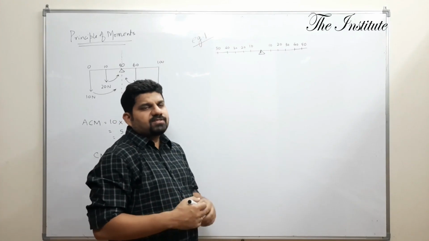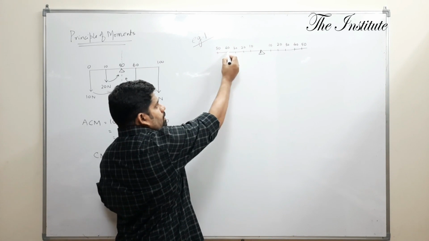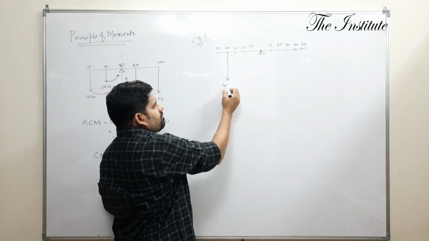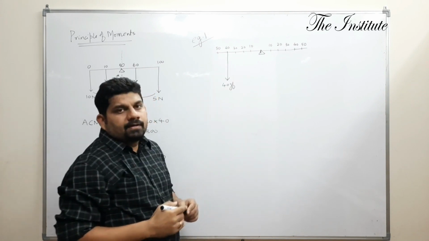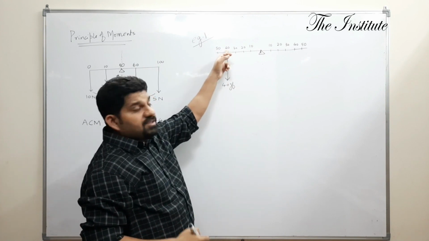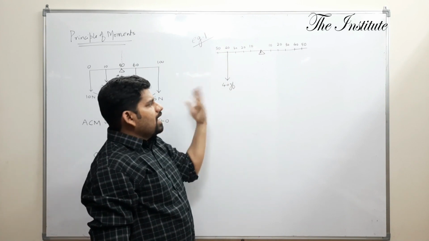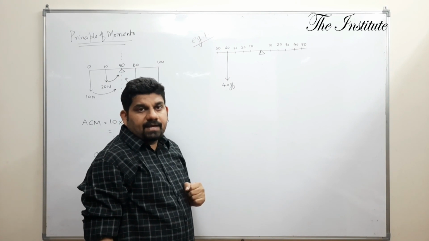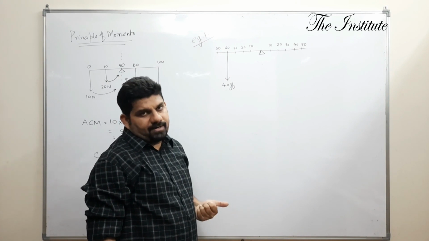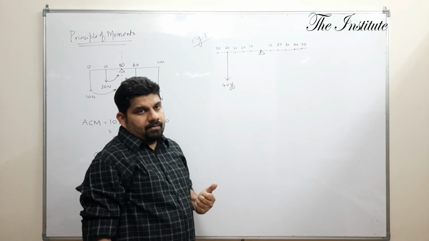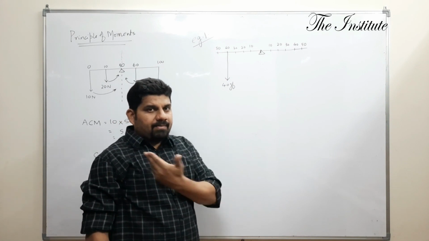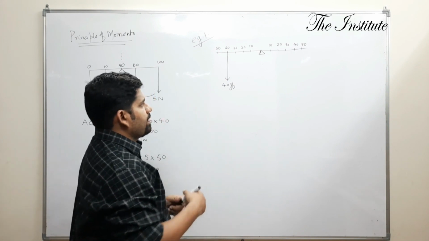Okay, so the question tells me that 40 gram force weight is placed at this mark. How can we balance this by placing 80 gram force weight? Let's apply the principle of moments.